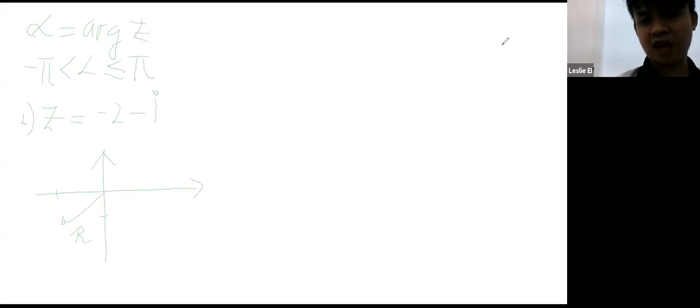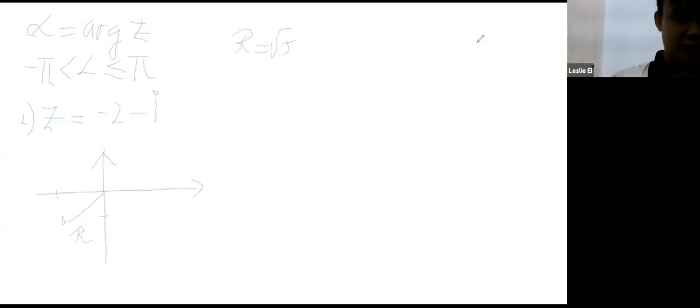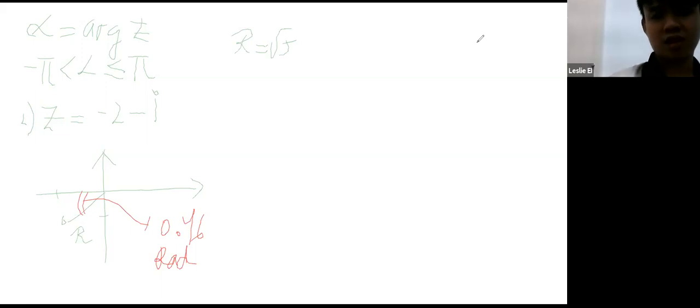Does the value of r change? No, r doesn't change. r is still root 5. The angle that you found just now, this angle, is also 0.46. But you cannot read counterclockwise, because if you read counterclockwise, you go beyond pi. You go more than pi, which is not allowed.